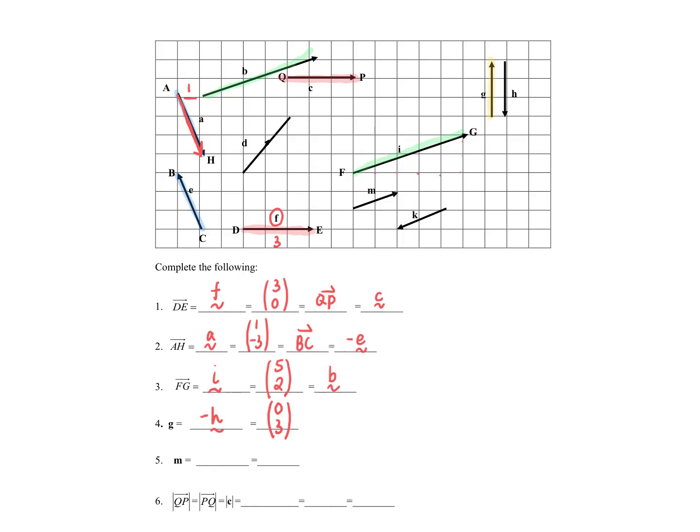Okay, last one is M. M is this one. So we can say yes, negative K with the curly tail. And then what is the column matrix that represents M?